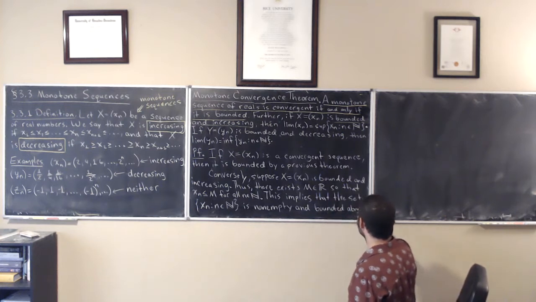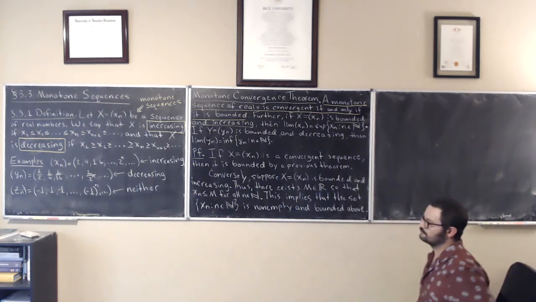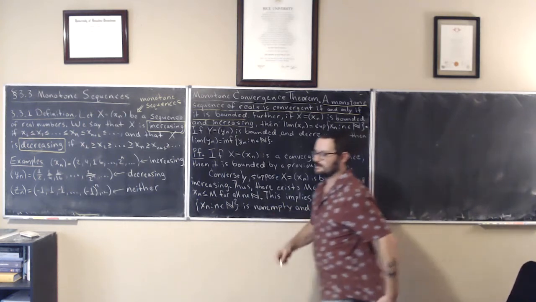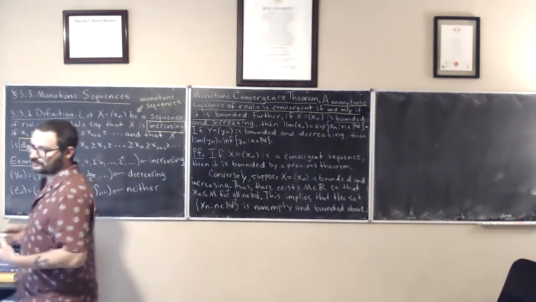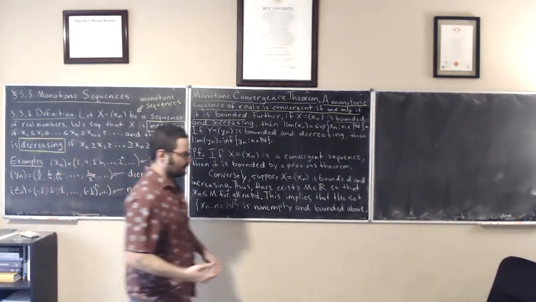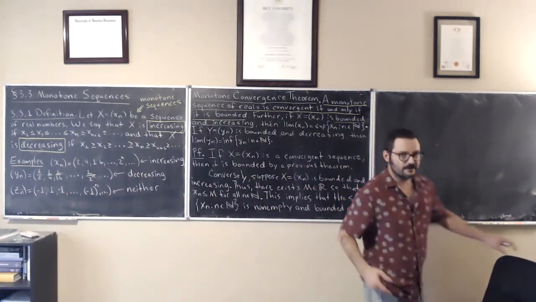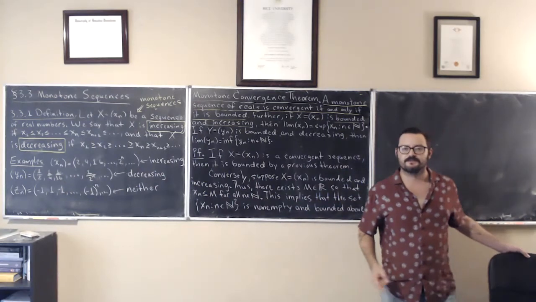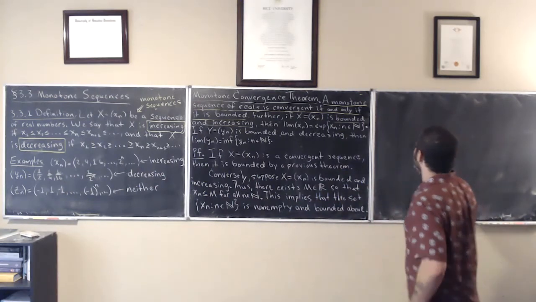Now again, from a previous lecture, we know something about these types of sets. If you are non-empty and bounded above, the completeness property of R implies that the supremum of that set exists. So I'm going to go ahead and write that.